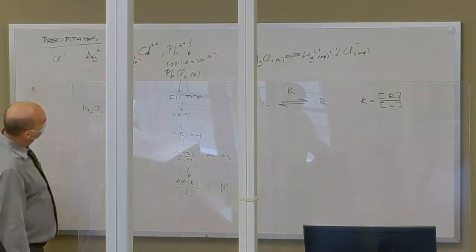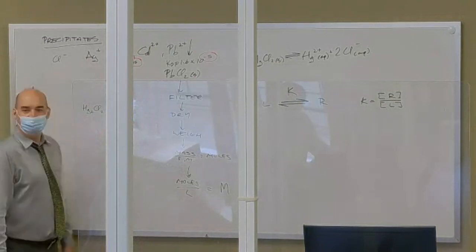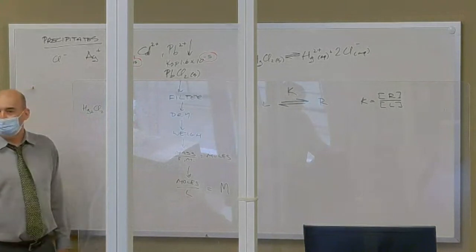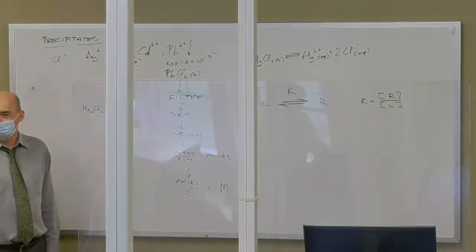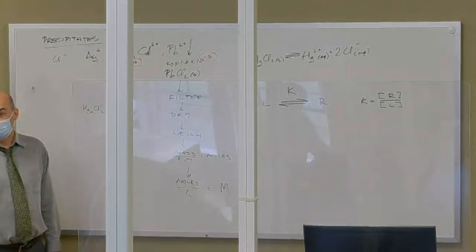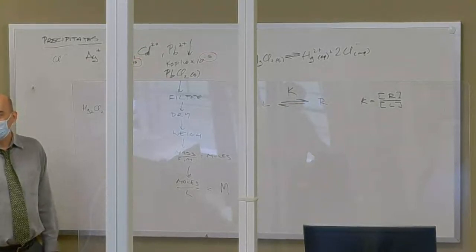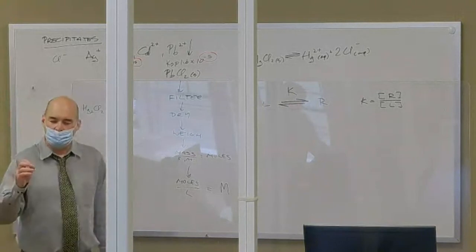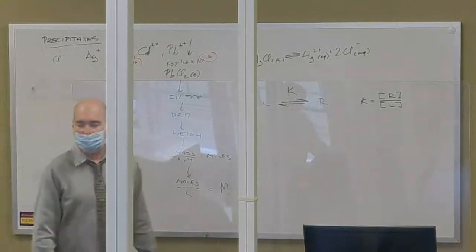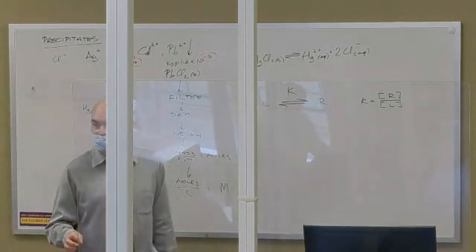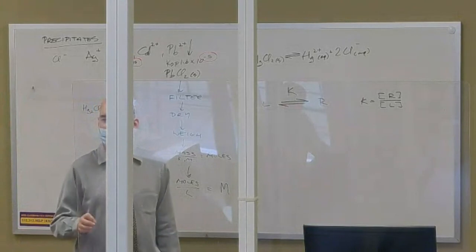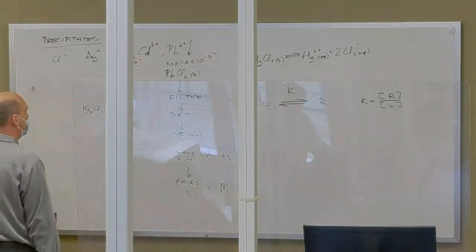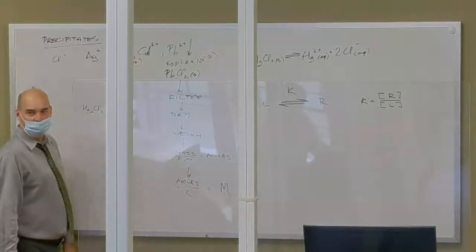By 10 zeros. So 10 billion, right? A billion being 9 zeros. Mercury is 10 billion, with the B, times less soluble than lead as a chloride. As the chloride.